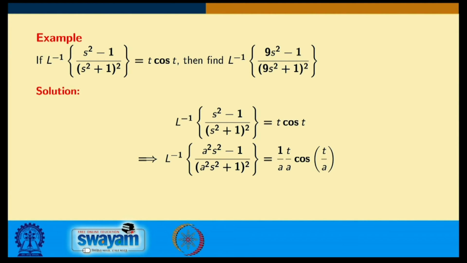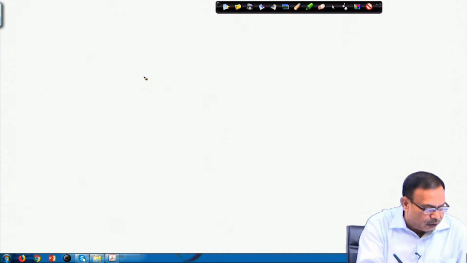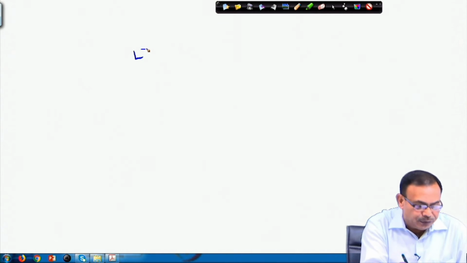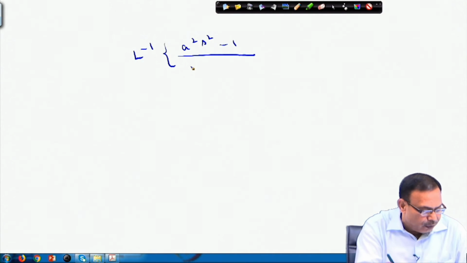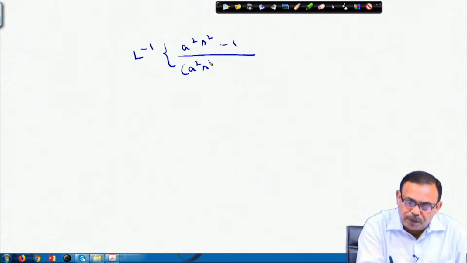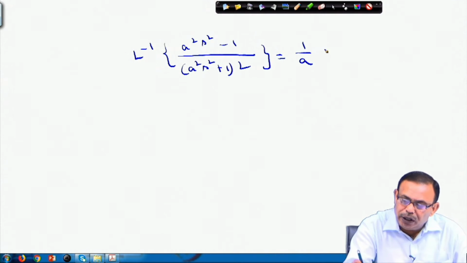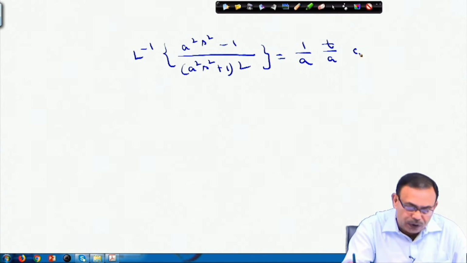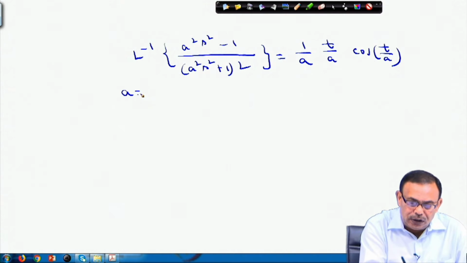Therefore, on this example, whatever I got earlier is 1 by a, t by a cos of t by a. Now, put a equals 3 in this.